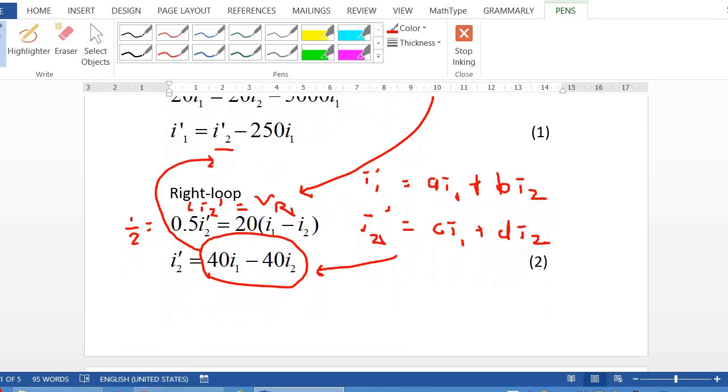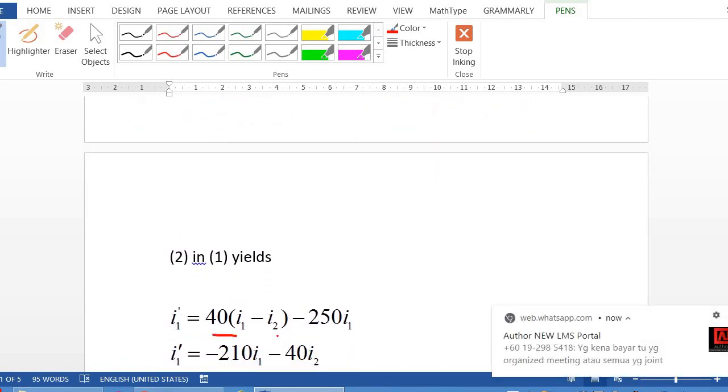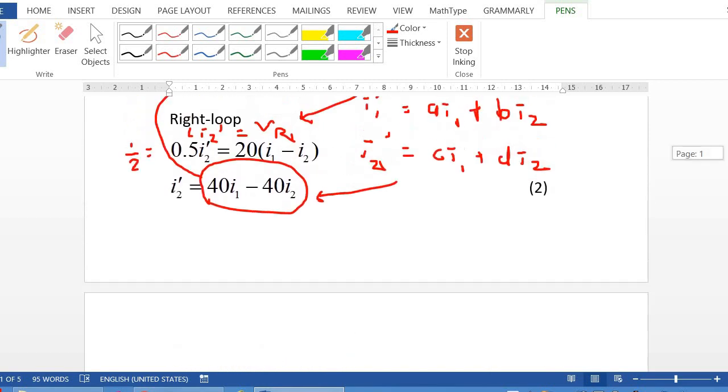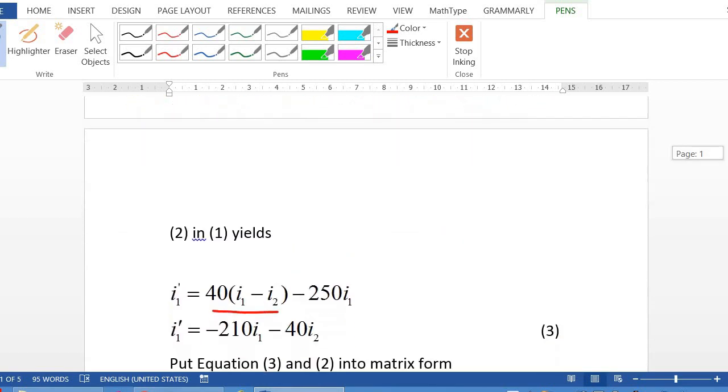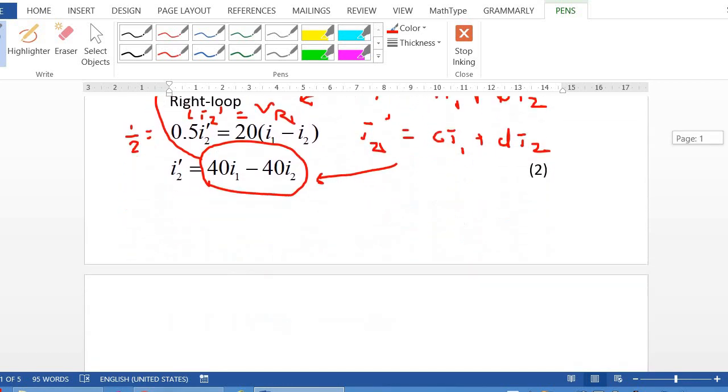Substitute 2 into 1. That's why you have I1 prime, this is actually I2 prime, which is 40 I1 minus 40 I2. Then minus 250 I1.